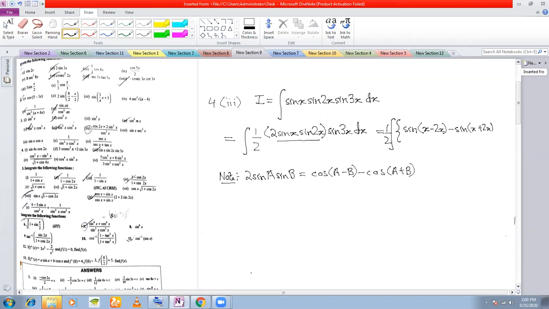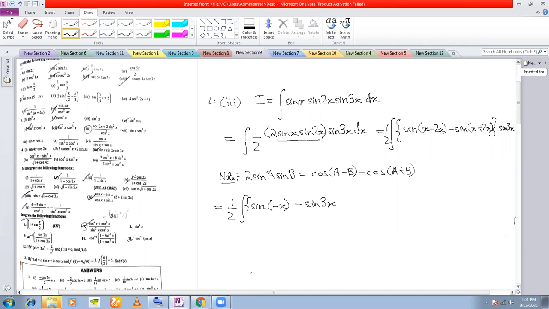And outside you have sine 3x. This is half the integration of sine minus x minus sine 3x.